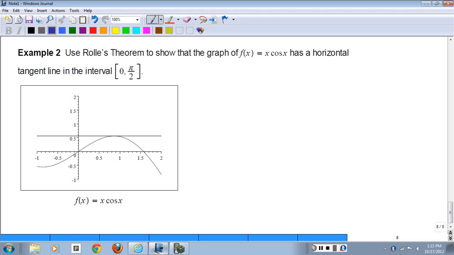So we could do this on the entire real number line. So in particular, if we specify an open interval from 0 to pi over 2, then it will be differentiable on the open interval, continuous on the closed interval.